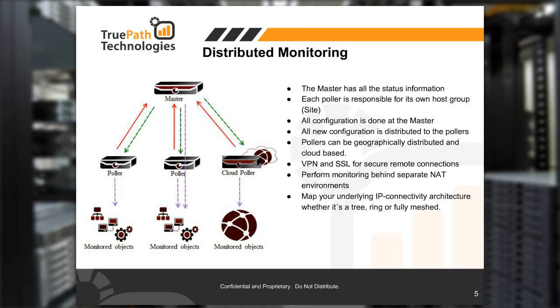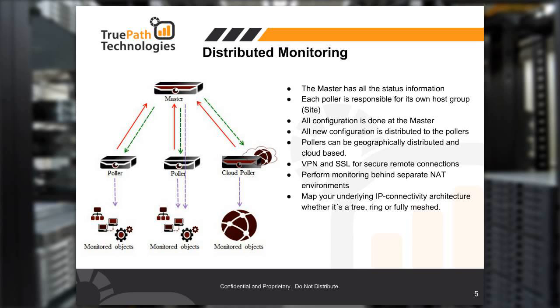What's nice is we may have a small connection to the poller, but the poller is doing all the hard work locally within its site, and it's reporting back only the important information. If connectivity is lost, because you have an unreliable connection between the poller and the master, once that's restored, the poller and master will resync what's been going on since last communication and continue steady state from there.